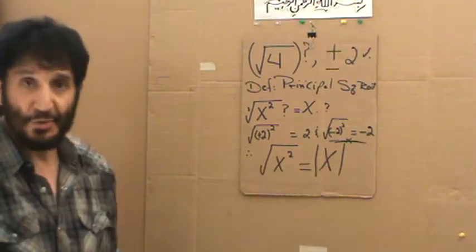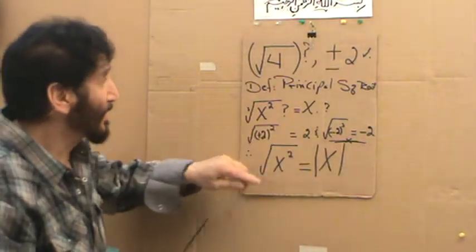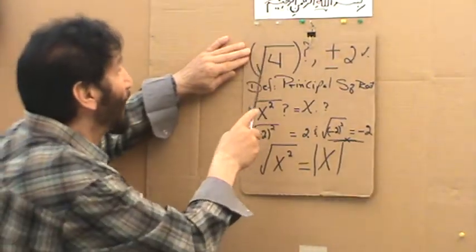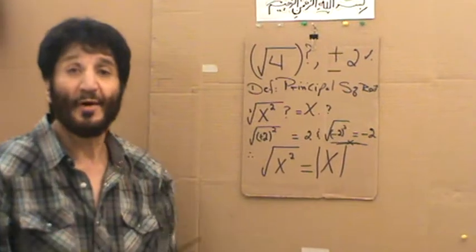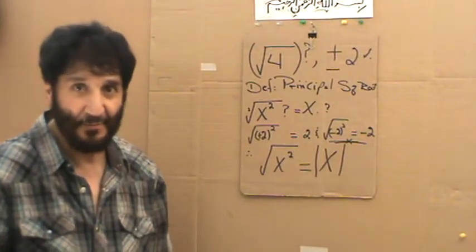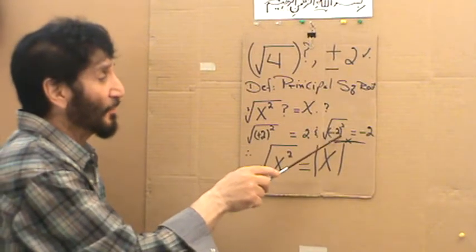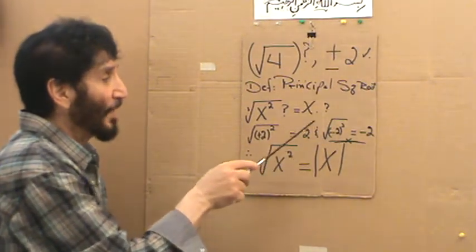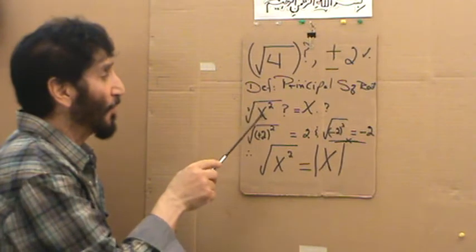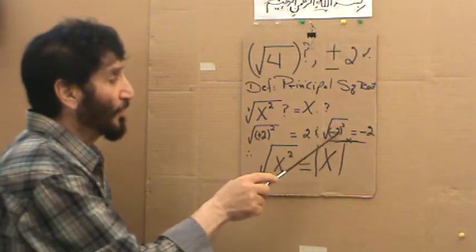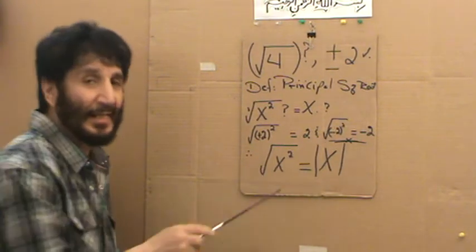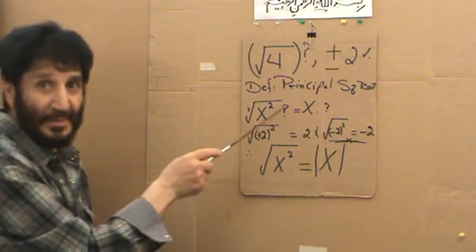But the principal square root says that this notation always means the positive root. You don't mean the negative root. But if I write x, then x is negative 2. So if the square root of x squared is x, then the square root of negative 2 squared should be negative 2, according to this recipe.